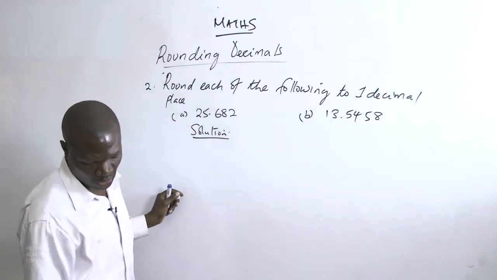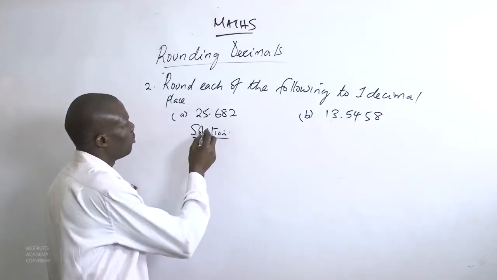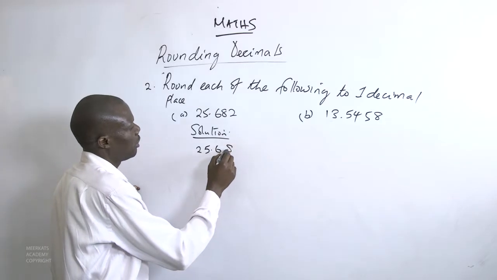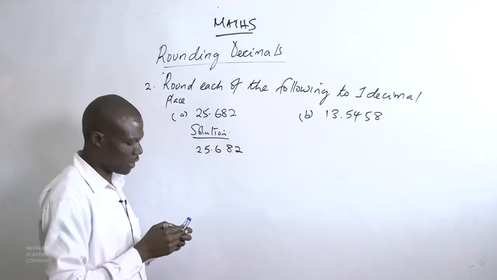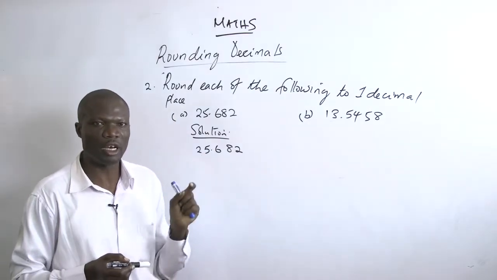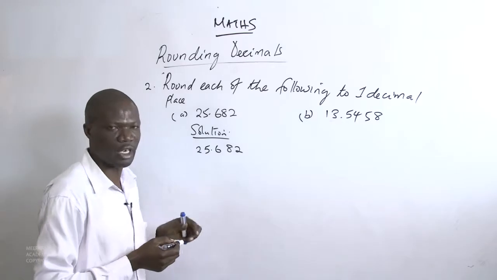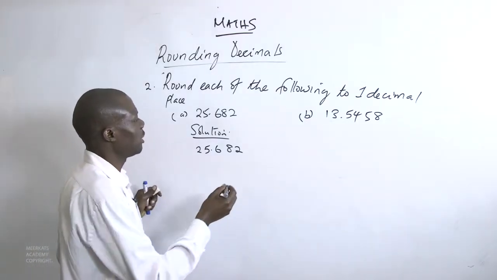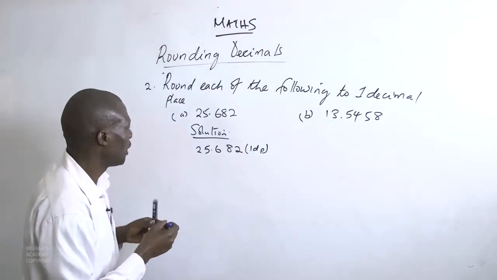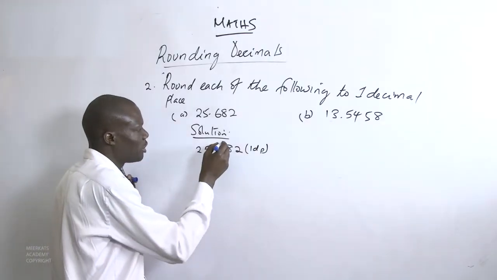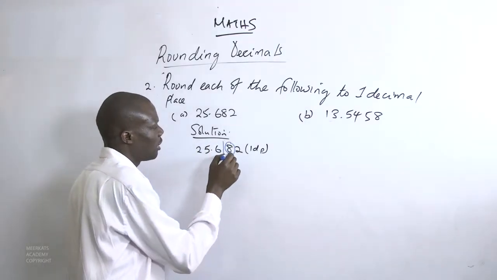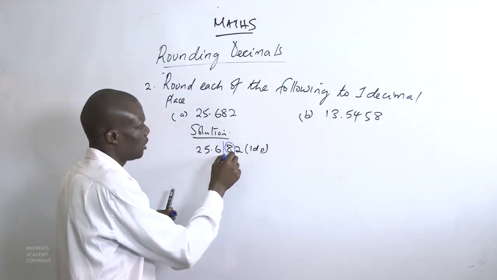So in our solution, considering the first one where we have 25.682, the first step is to identify where we shall have our line to show where we are going to cut. So the number of places required is one decimal place. So you'll find that we shall count one decimal place and then we show with a line this is what we require. And then we consider the critical digit.